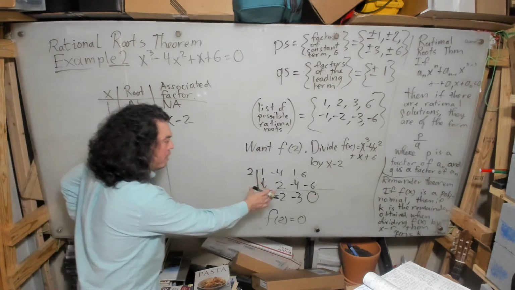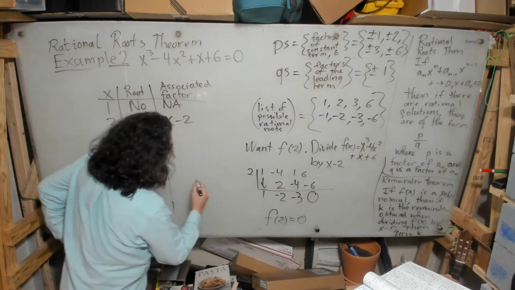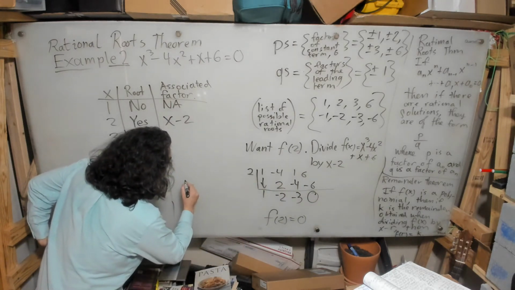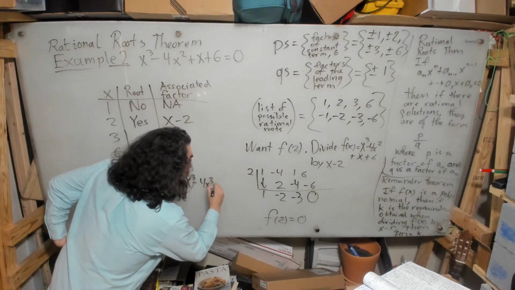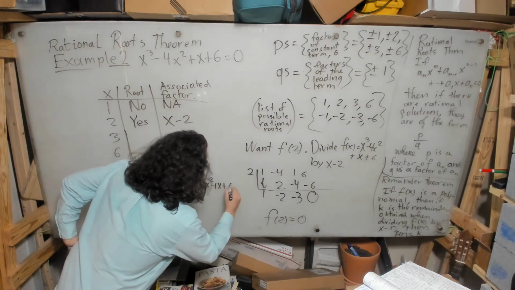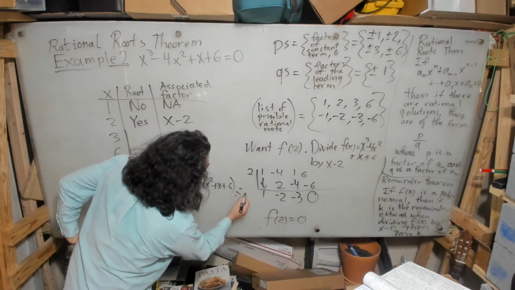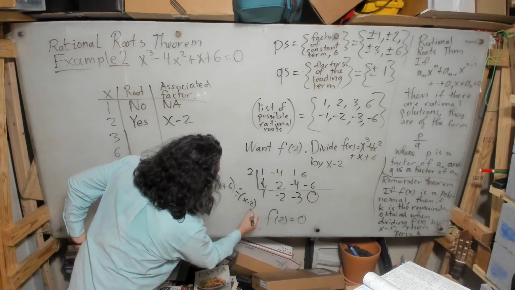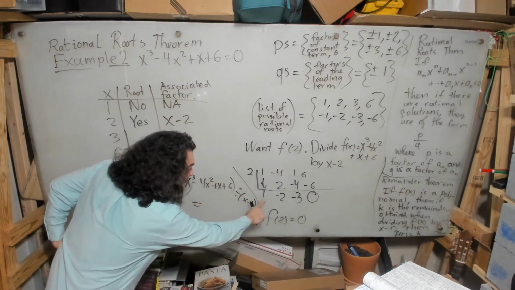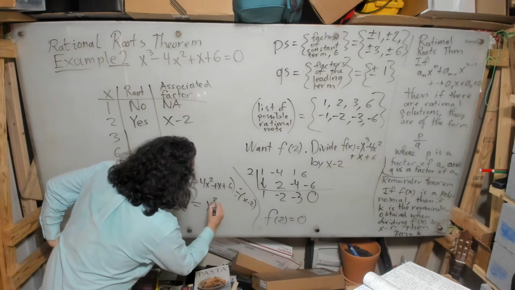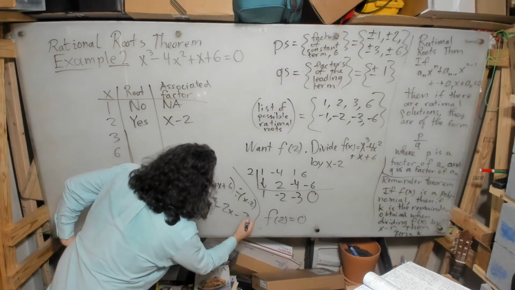So for example, we divided this by this, and so that gives us the following fact. What this says is that x cubed minus 4x squared plus x plus 6 divided by x minus 2 is equal to x squared minus 2x minus 3.